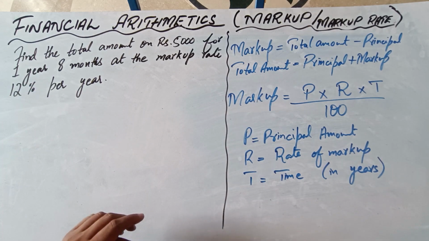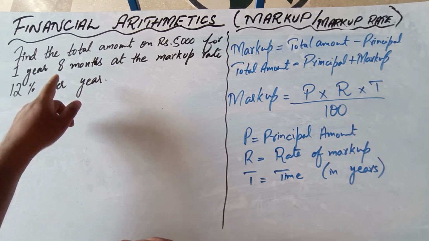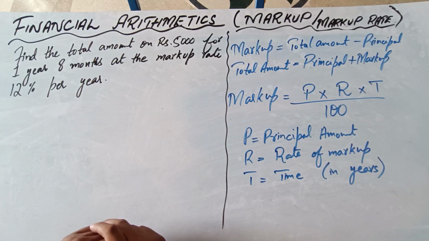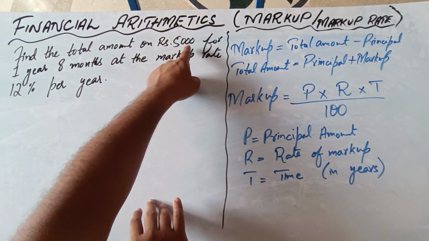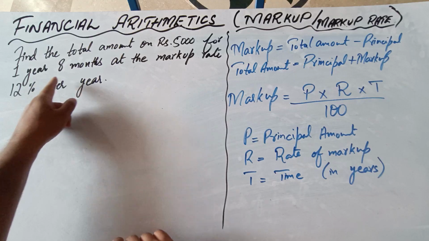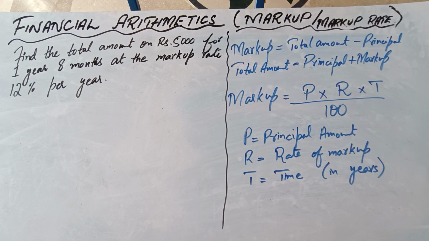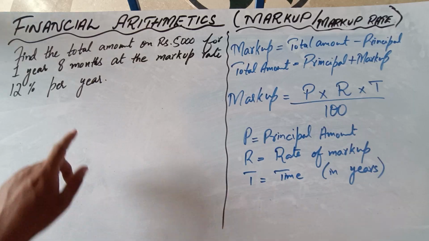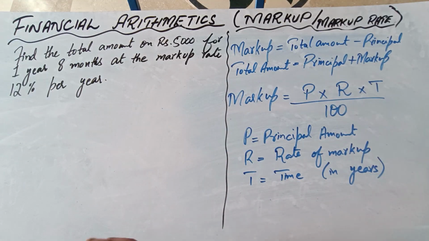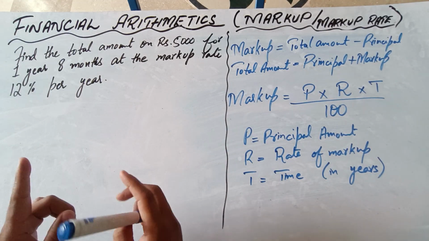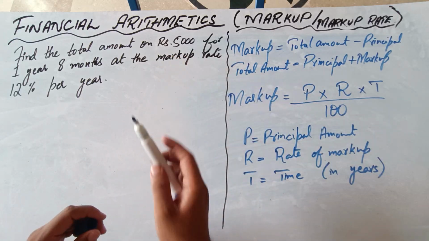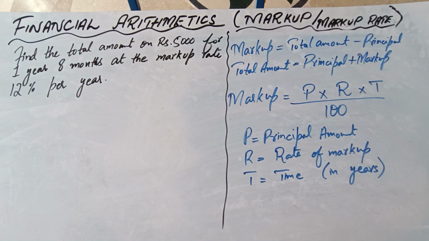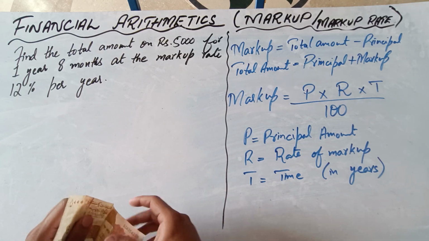So let's suppose we have a problem over here. Find the total amount on rupees 5000 for 1 year and 8 months at the markup rate 12% per year. For example, I am investing 5,000 rupees.